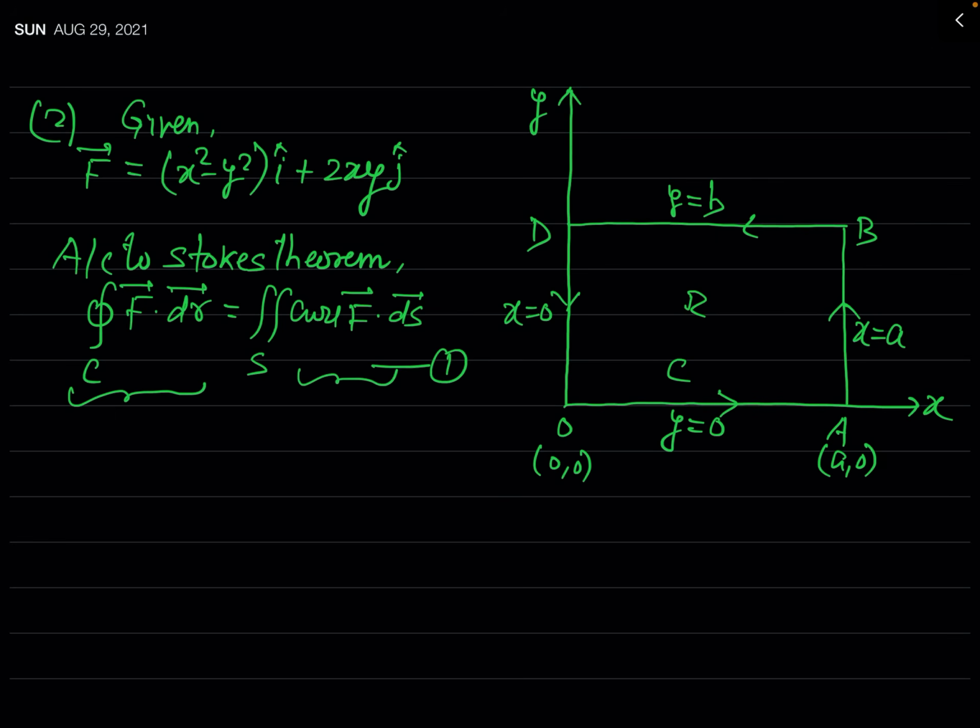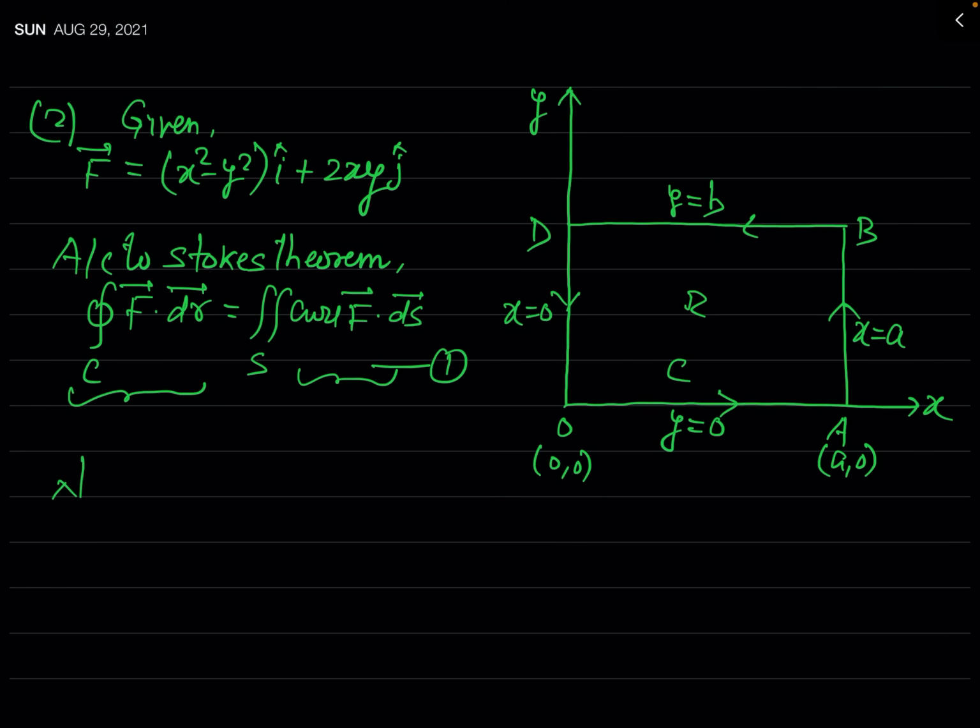If the two values are the same, then you can say that Stokes theorem is valid for this vector field. So let us evaluate the LHS by the independent method which we have learnt in the study of tangential line integral. For this, first of all, we will find the value of F dot dr.